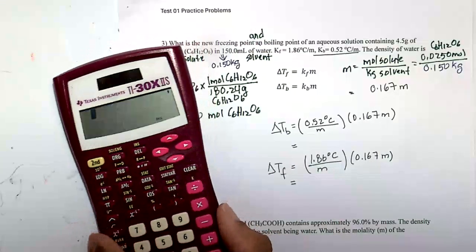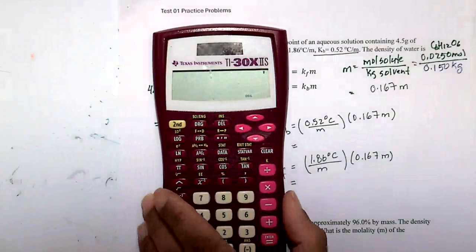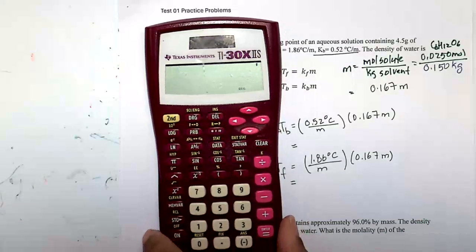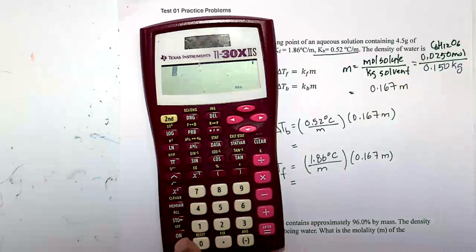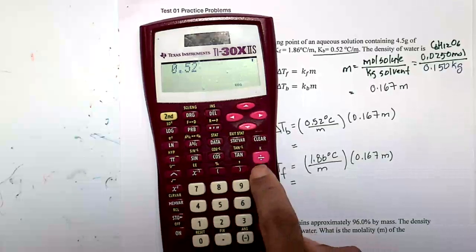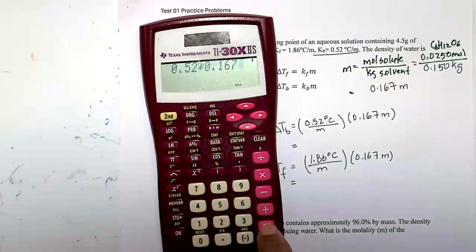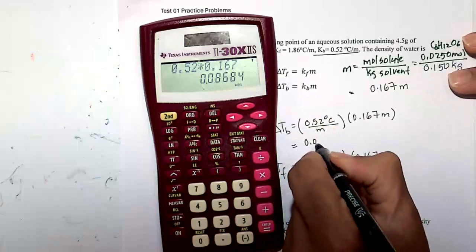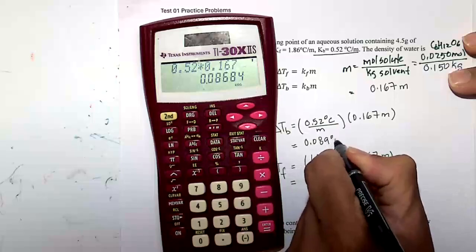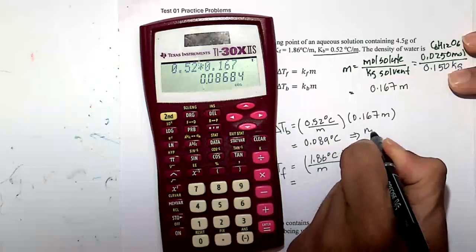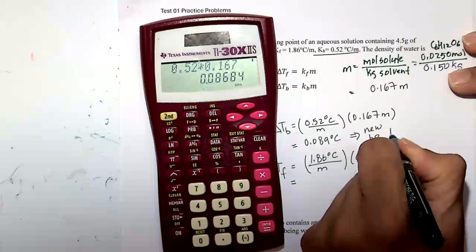So we'll add 4.5 grams of glucose to water, and our boiling point, we'll do boiling point first, will go up by 0.089 degrees C.